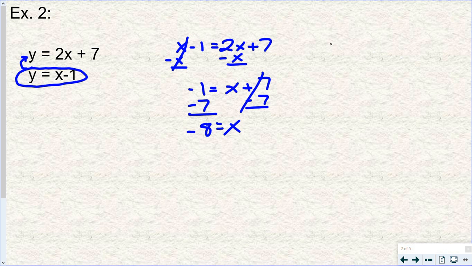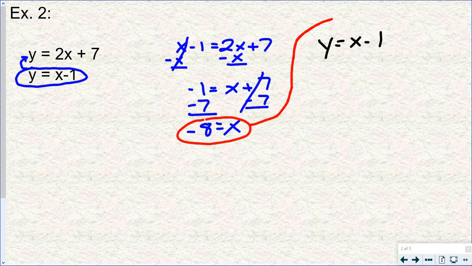I'm taking this equation, y equals x minus 1, and plugging it in for x. One thing I want to point out: the first time I took this equation and plugged it into this one, and then the second time I took this and plugged it into that one.